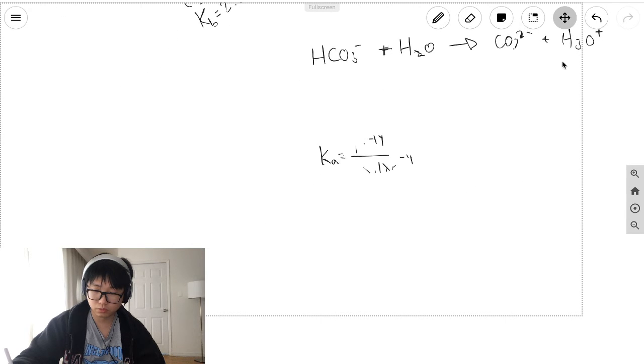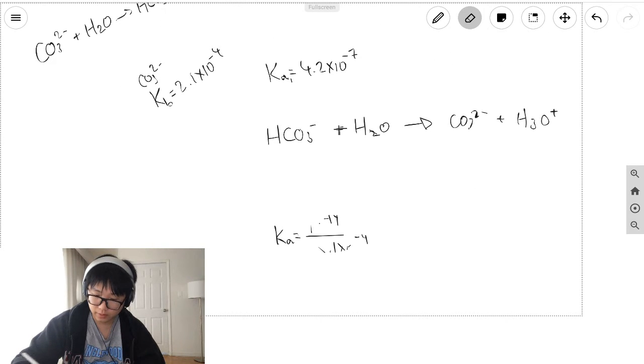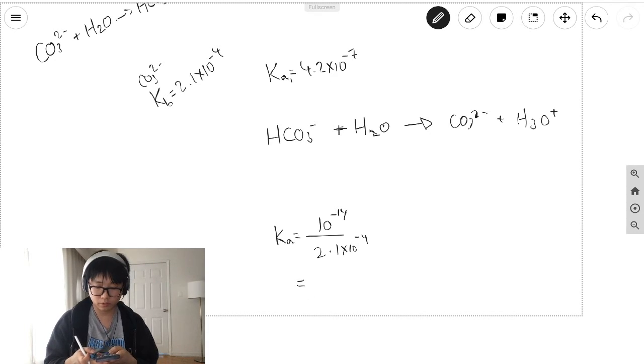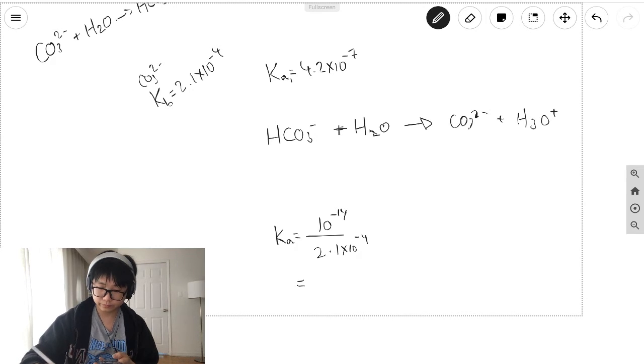So the Ka in this case is going to be 10 to the negative 14 divided by 2.1 times 10 to the negative 4, which is going to be quite small. So that's 4.76 times 10 to the negative 11.